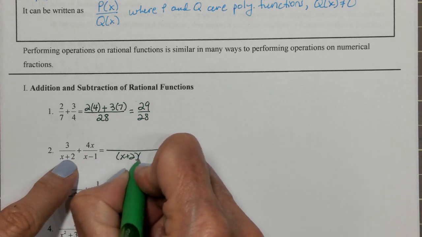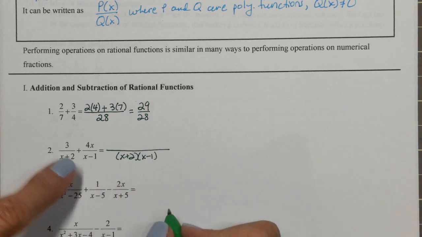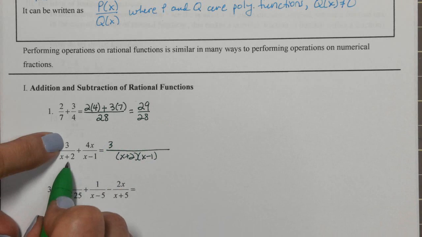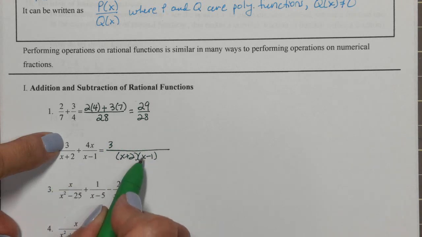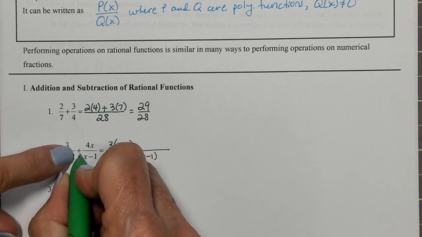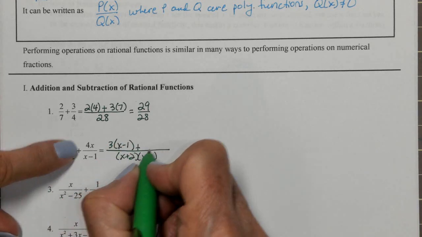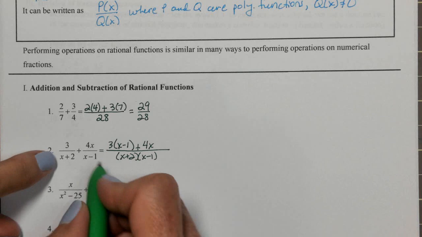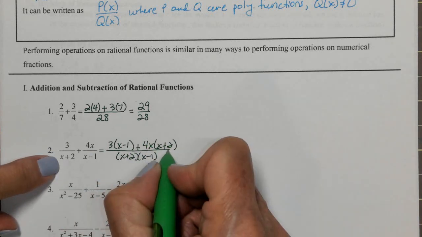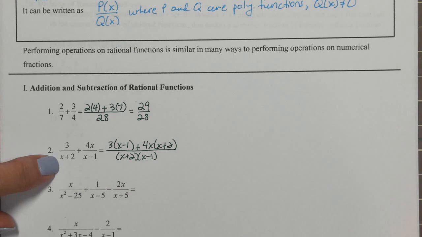For the first fraction, the 3 must be multiplied by the x minus 1 to get the common denominator. There's a plus in between them. This 4x has to be multiplied by the x plus 2.